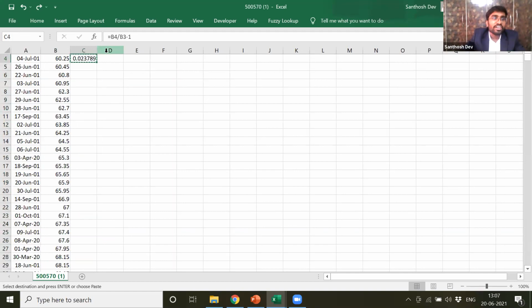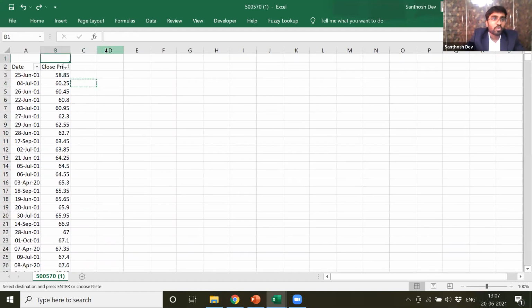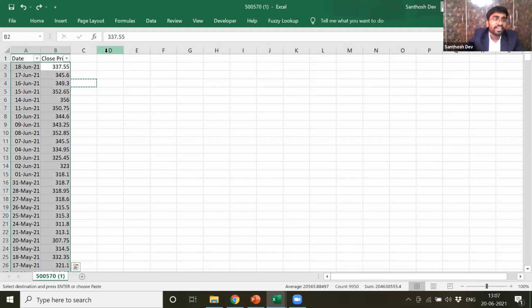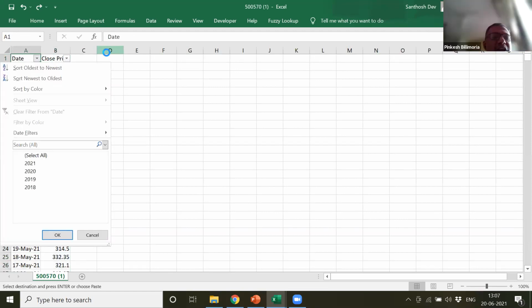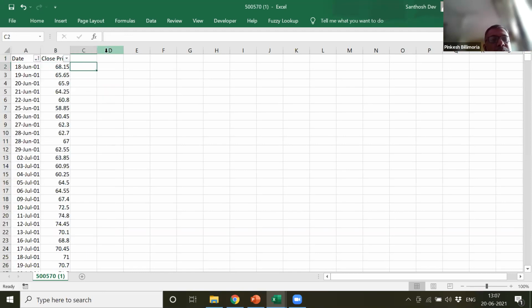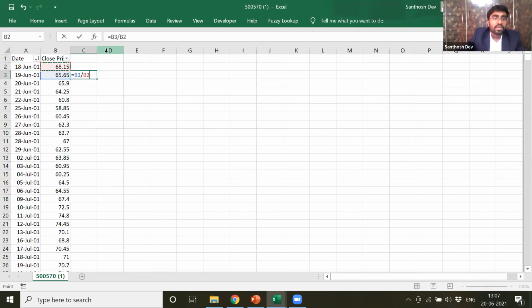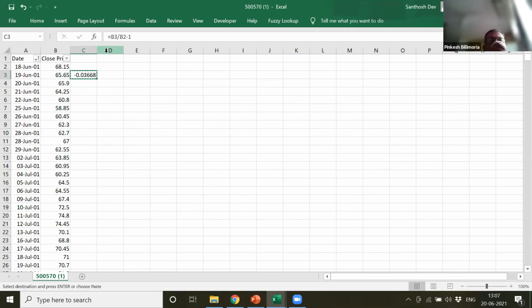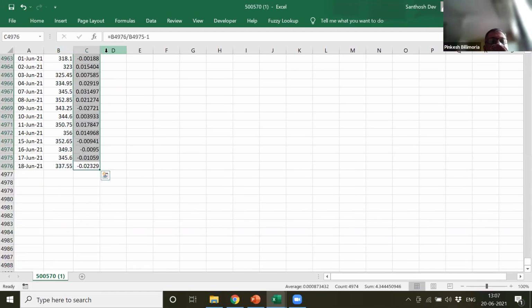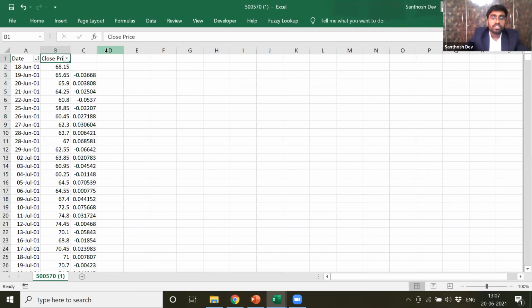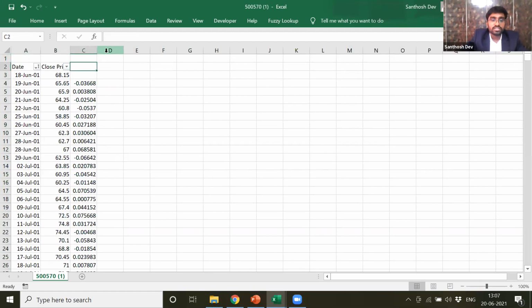Yeah, I sorted it smallest to highest. You should undo the sort and sort it by date. Yeah, and now you can correct it. Okay, so I calculate what is the return I am getting per day on all these stocks. So this is the return I'm getting. I'm going to name this data.